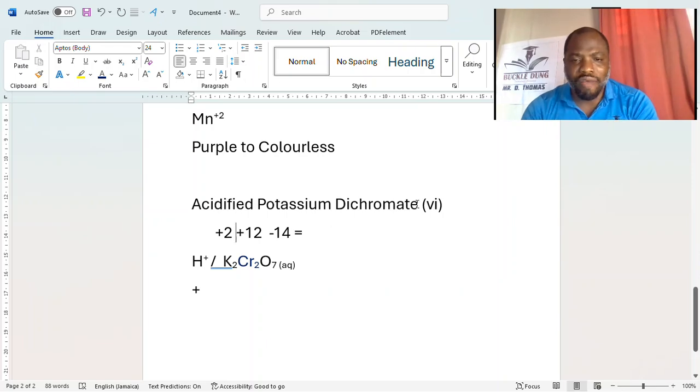And it would have been what we see in the name. We did say that when we want to talk about the alternative name, what we do is put the Roman numerals in terms of the oxidation number. So this represents 6. So we know that the chromium in the dichromate is a plus 6.